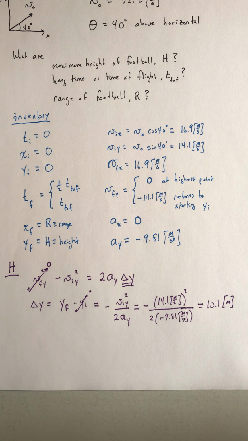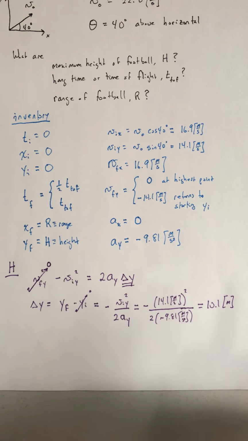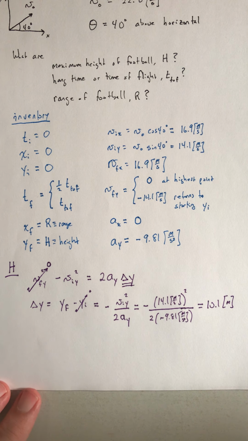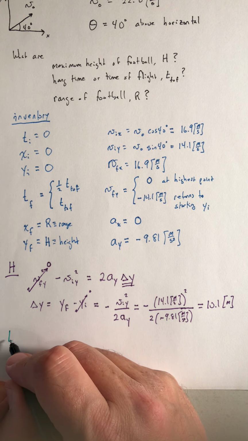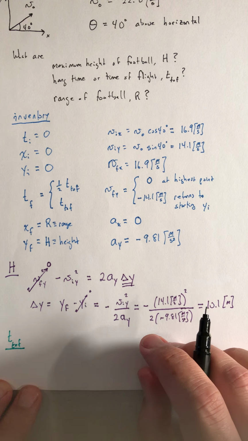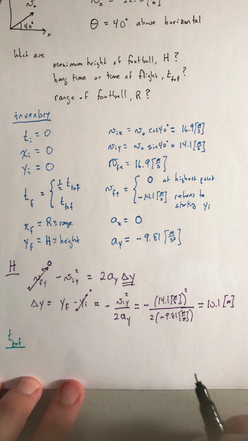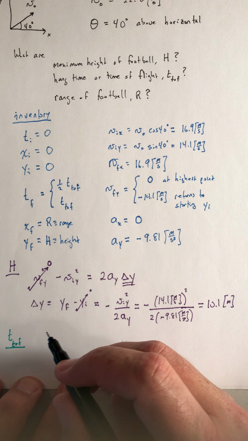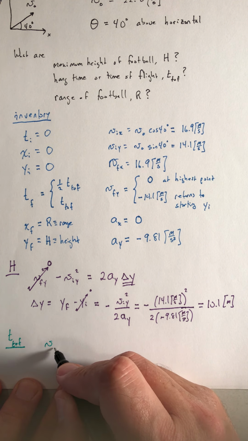Next thing I want to solve for is what was the hang time, so what's the total time of flight. To do that, I can use the definition of acceleration, so how the velocity along the y direction changes.